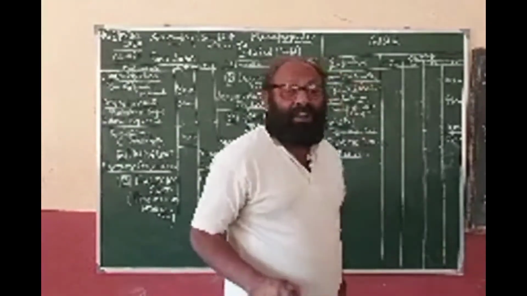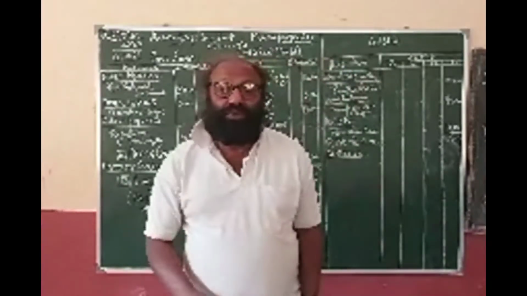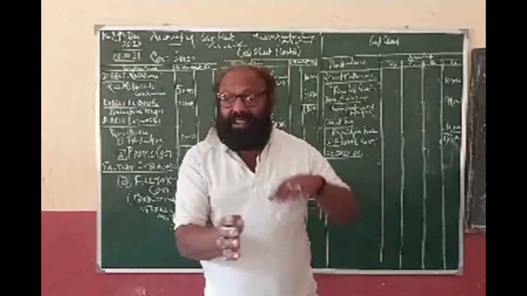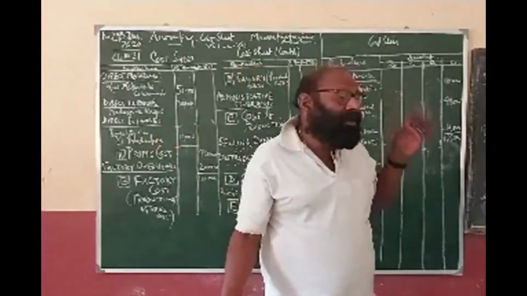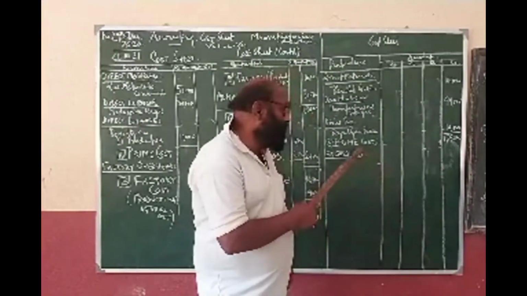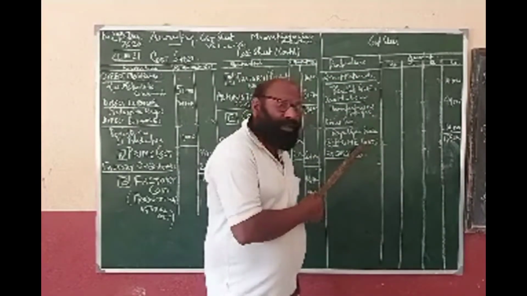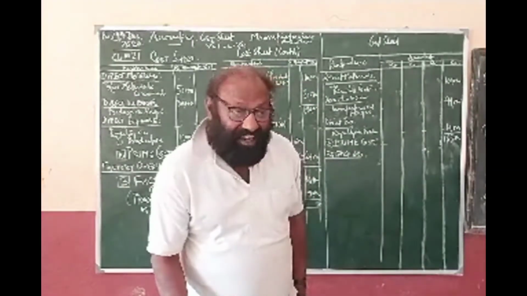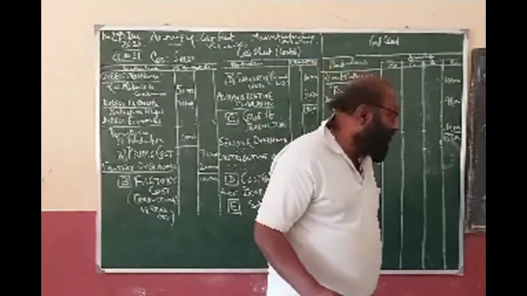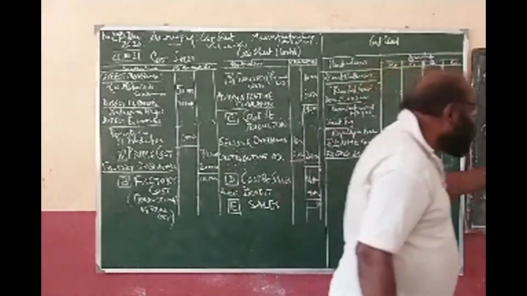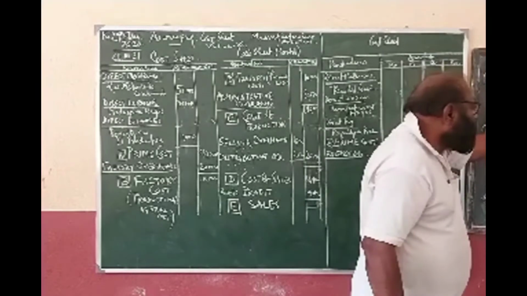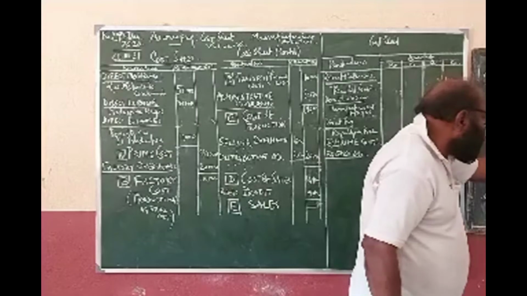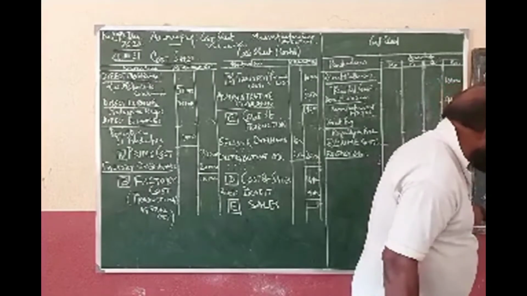Now see, what is a factory overhead? Factory overhead refers to those expenses which have been incurred in the factory but which cannot be directly charged. The part that has been directly charged has already been considered while computing prime cost. And now the expenses which are indirect in nature are to be charged in some indirect fashion. You see what are those? Factory expenses: fuel, power, rent, electricity, lighting, heating.